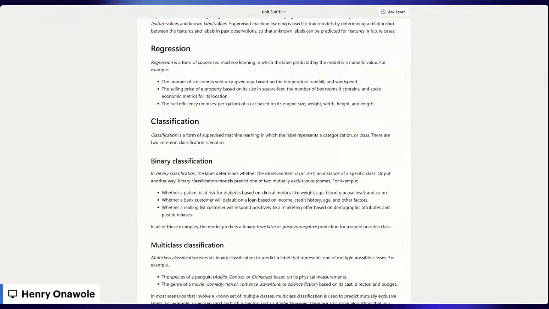Two, the selling price of a property based on the size in square feet, the number of bedrooms it contains, and socioeconomic metrics for its location. The fuel efficiency in miles per gallon of a car based on its engine size, weight, width, height, and length.